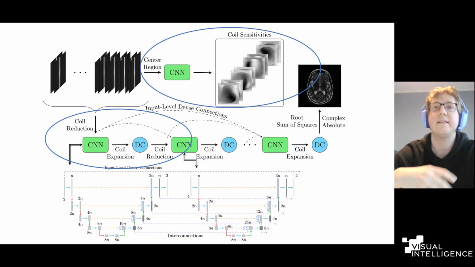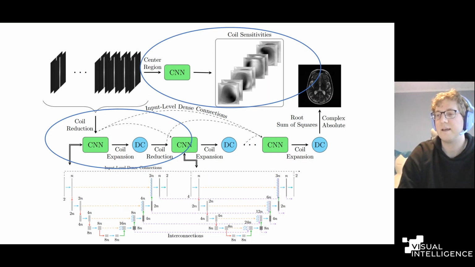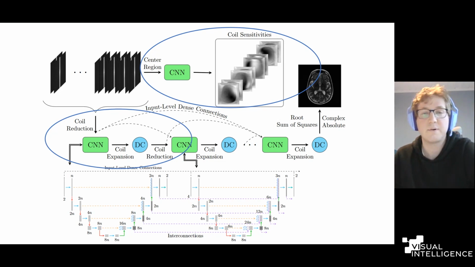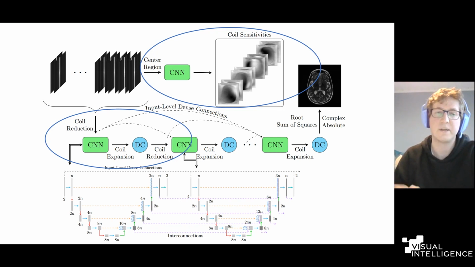Remember, you have n receiver coils, and it can be 30 receiver coils. So you have 30 complex images, both the real and imaginary components. So it takes a lot of space and a lot of time if you want to process all of it. And you have something called coil expansion, where you expand the dimensionality and get back to the actual dimensionality of the data.